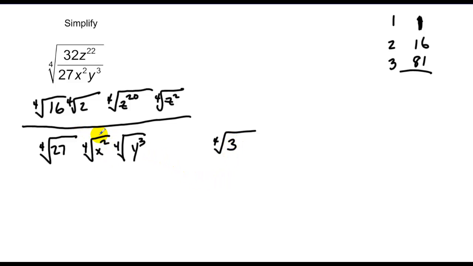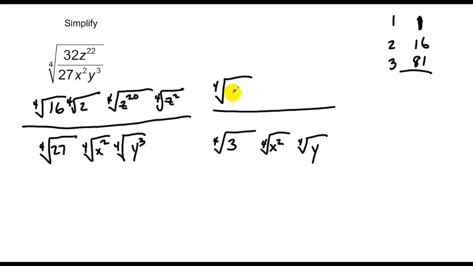To get x squared to a perfect fourth, I need to get that to an x to the fourth. So that's multiplying by another x squared. To get y cubed to a perfect fourth, I need y to the fourth, so I must multiply that by y. And then, as in all cases, when we rationalize, we need to rationalize by a form of 1.